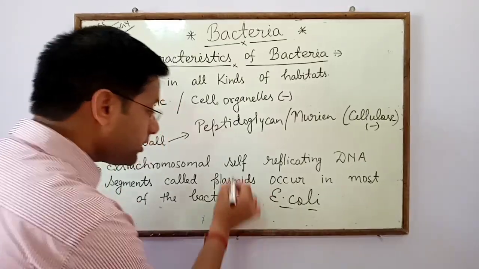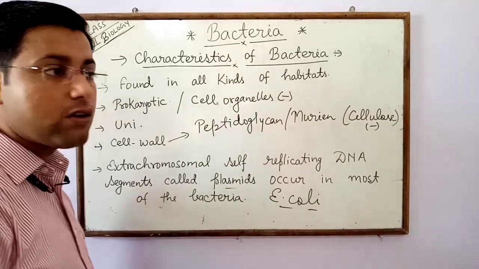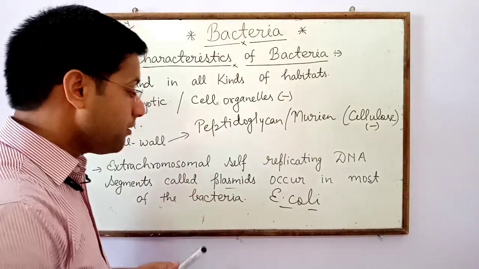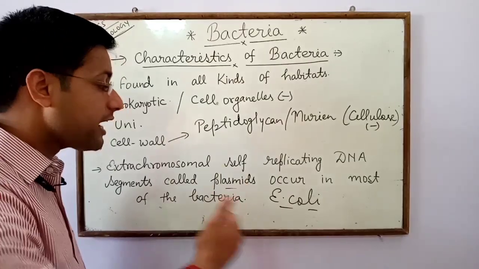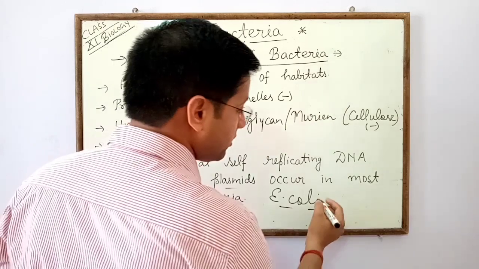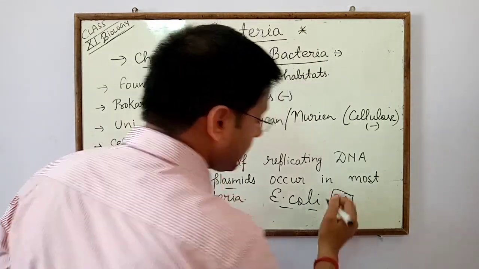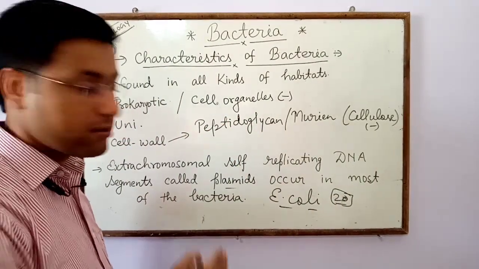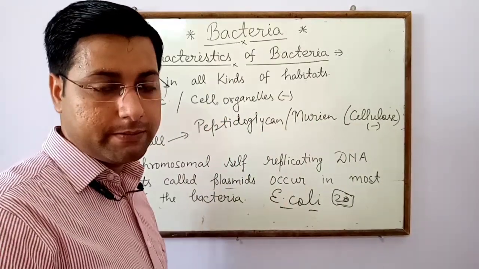The plasmids of E. coli are used in biotechnology as a vector because their replication capacity is very high. E. coli can replicate within 20 minutes, which means after 20 minutes their number will be double.